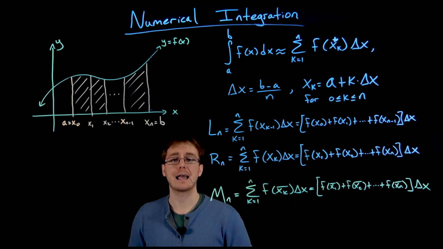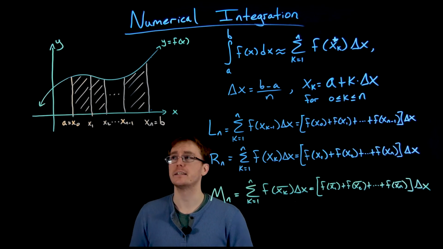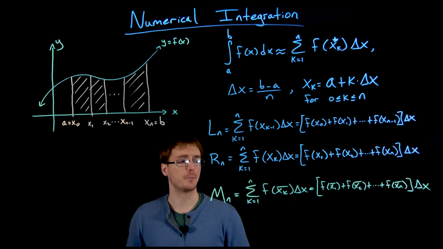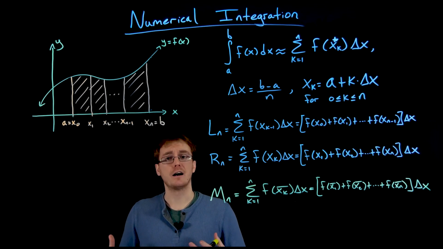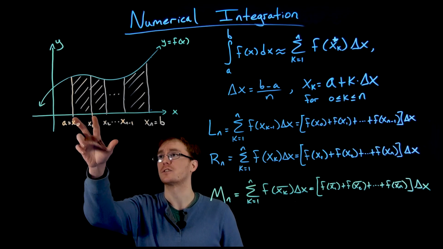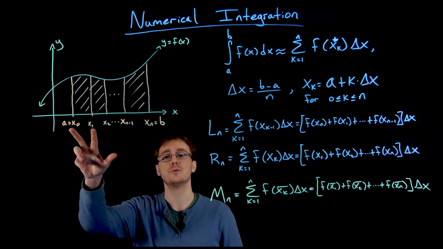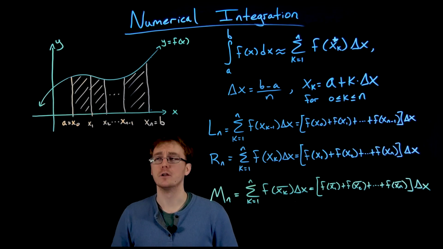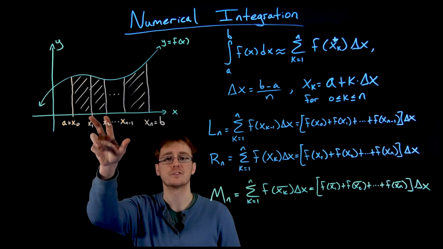What this little x sub k bar is denoting is just the average or the midpoint of each of our subintervals. So how do we find x sub k bar for, say, this first subinterval? Well, we take those two endpoints, add them together and divide by 2, find their average, or the x value that is right in the middle of those two. How do we find the midpoint for the second subinterval?